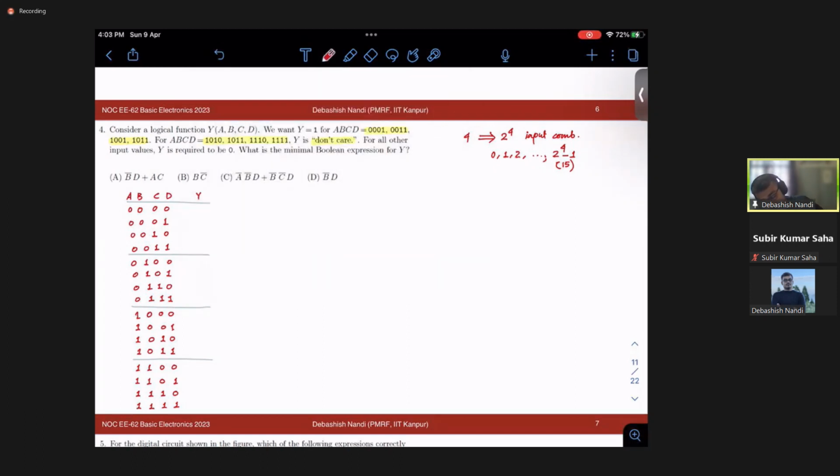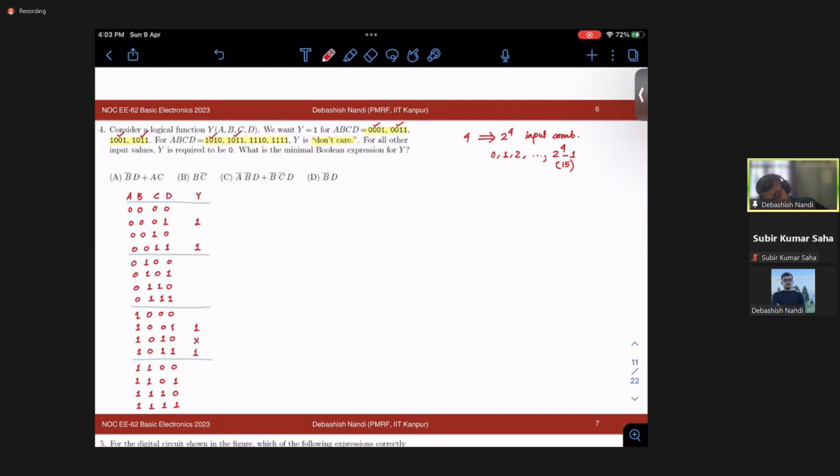So what will be your Y? It has been told that for 0001, this is your 1, this is your 1, this is your 1, 1001, 1011. These are your ones, right? Then what are the don't care conditions? 1010. These are the don't care conditions.